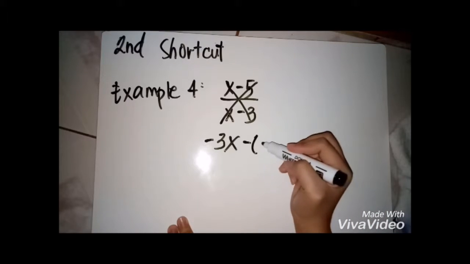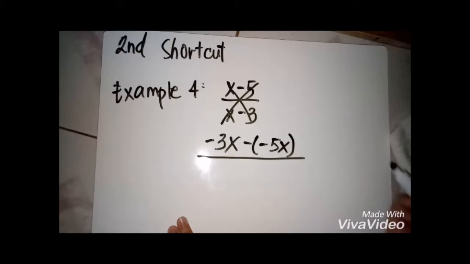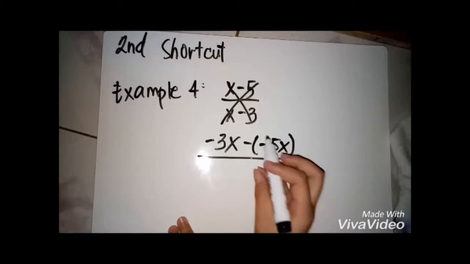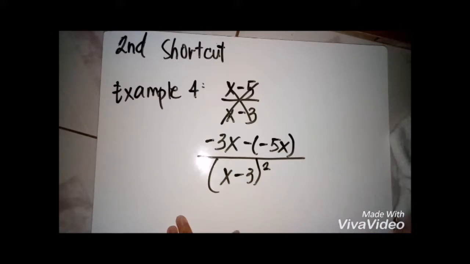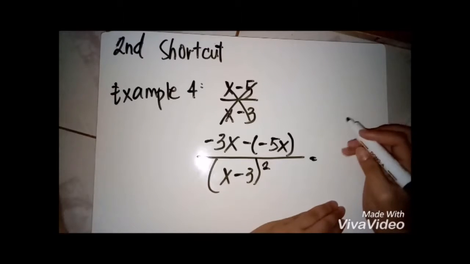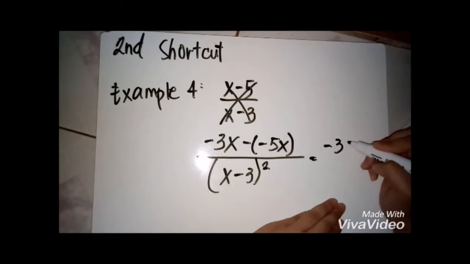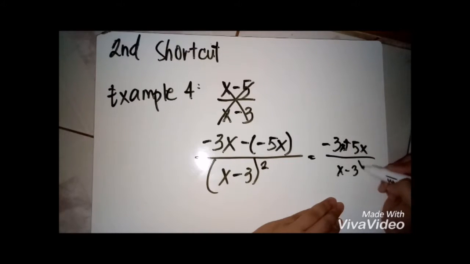So we have negative 5x. Then the denominator will be the square of the denominator. So x minus 3 squared. So we have negative 3x plus 5x over x minus 3 squared.